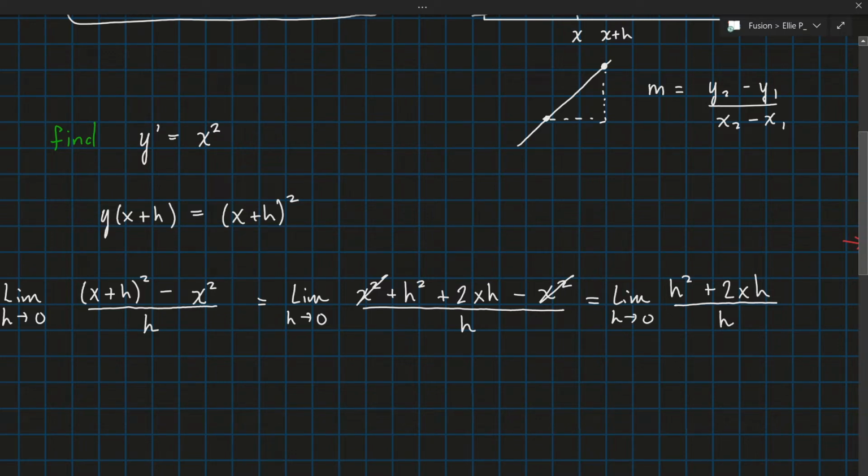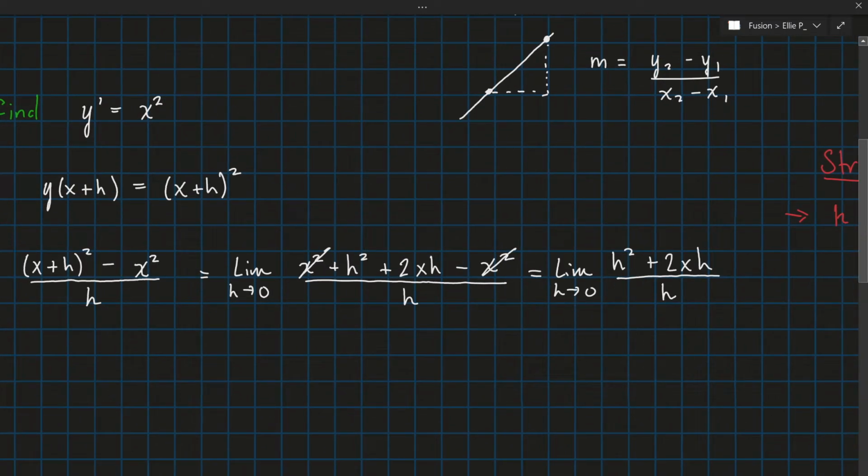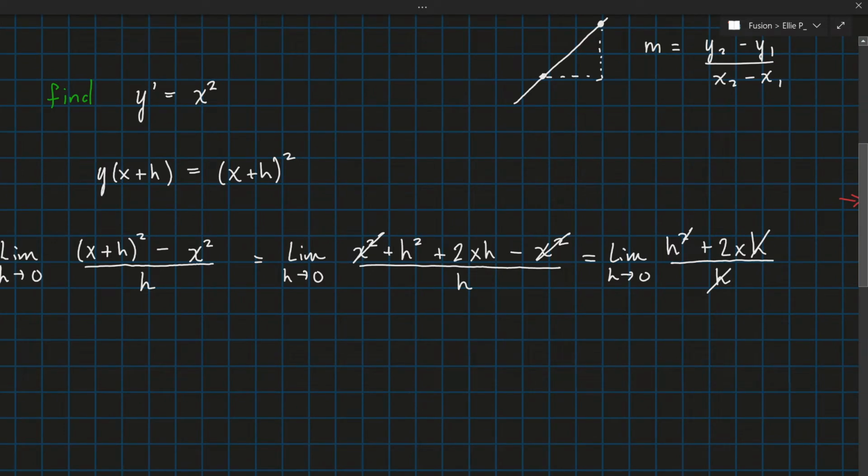Okay. And now we can see, since both of these terms on top have an h in them, then we can cancel the h on bottom. And so what we're left with is the limit as h goes to 0 of h plus 2x.